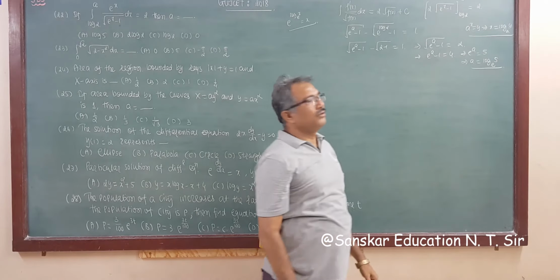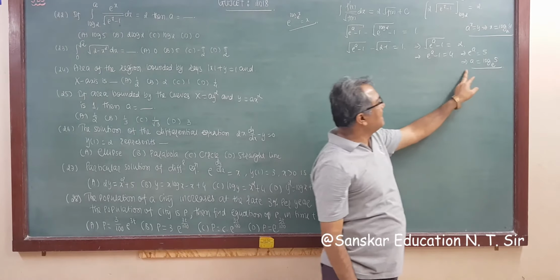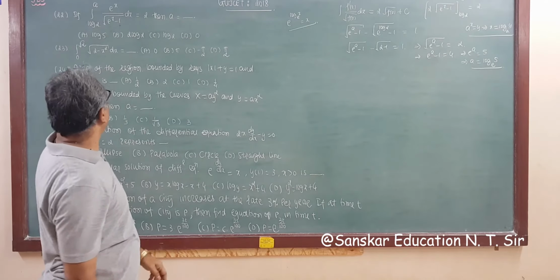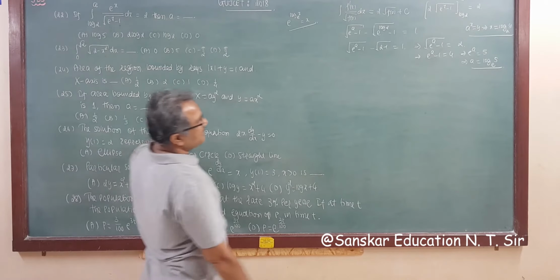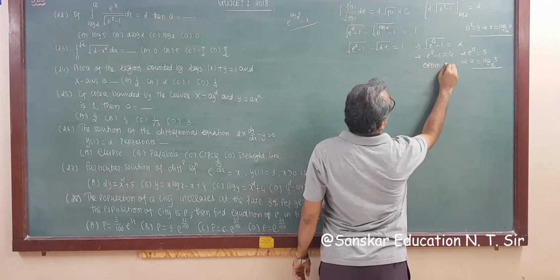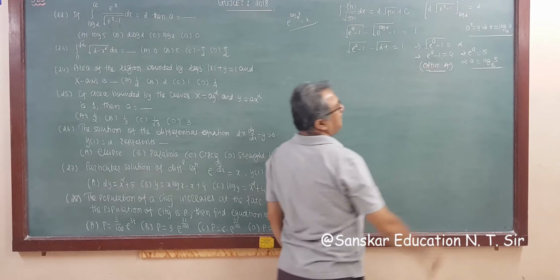So a is equal to log 5 base e, that is option A is your correct answer. So for this your answer is option A, right.